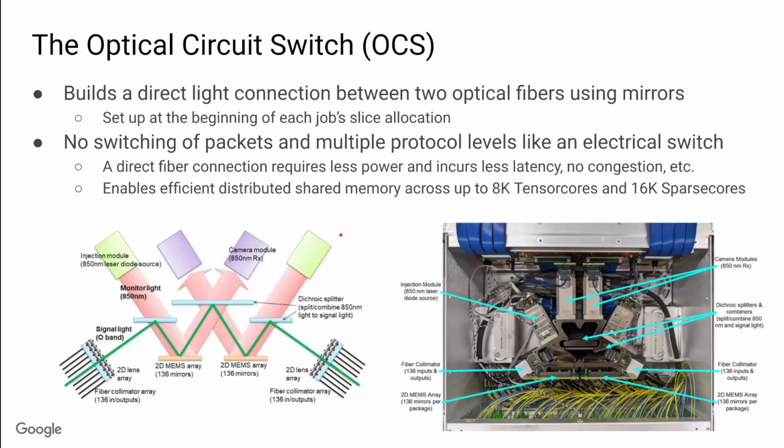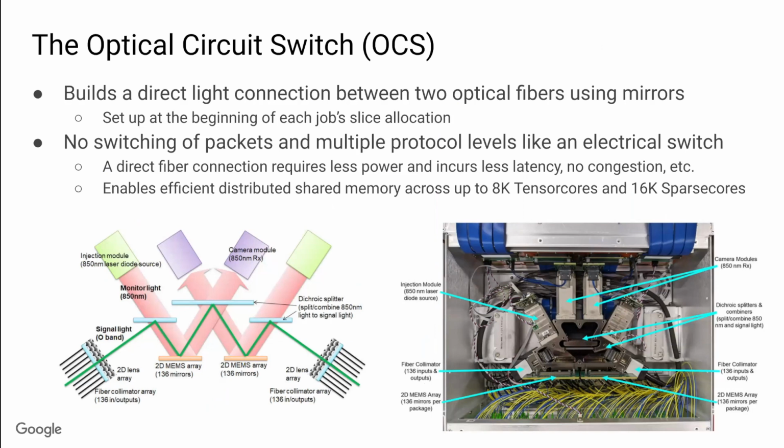The connection outside of that 4x4x4 cube is done with an optical circuit switch, or an OCS. This is connectivity via mirrors and lights on the optical fibers. It is set up at the beginning of the job's slice allocation. If I want to run a training job that has only a single 4x4x4 cube, the optical switch connects wraparound links.